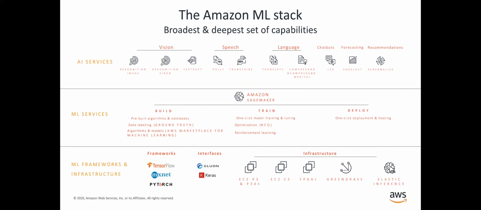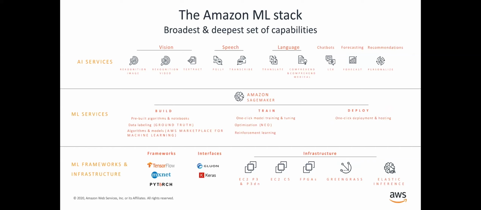It can be overwhelming to understand what the offering from Amazon for the ML stack is. It's the broadest, deepest set of capabilities because we've been there long and have a large number of customers. We know their requirements. They ask us and we deliver. So these are the products we have.